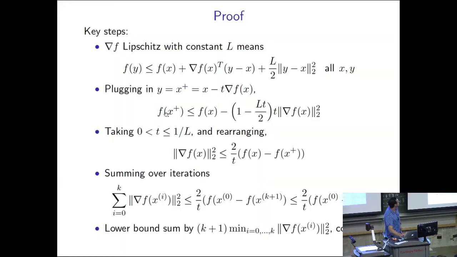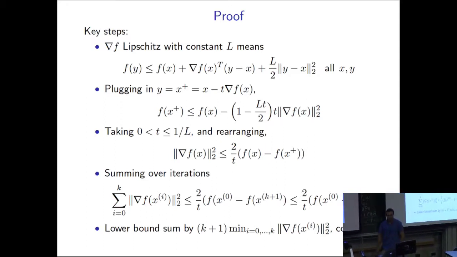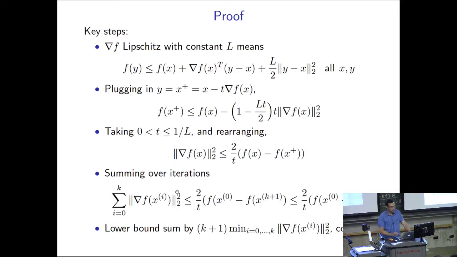Then instead of saying that f of x plus is less than or equal to f of x minus something, we just rearranged this to get a statement about the gradient itself. So it was a bit of a detour, and the proof ended up being simpler from then on out. But we still did a similar third step, in which we iterated this bound over all the iterations to get a final answer. Any questions about that general structure?